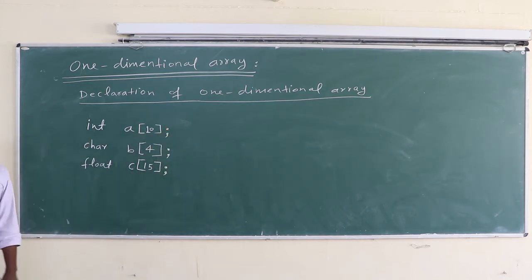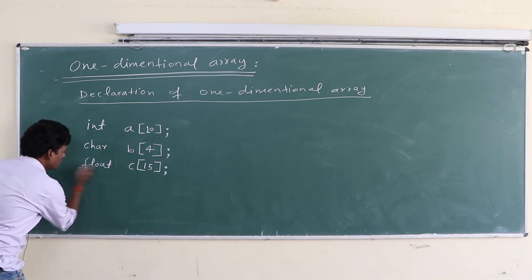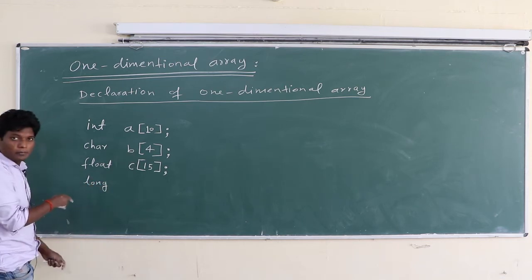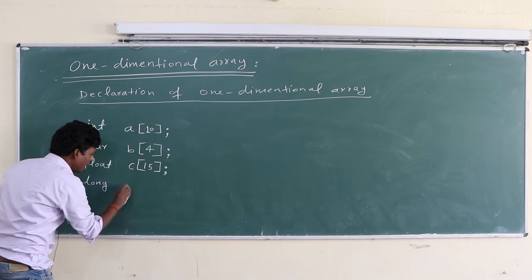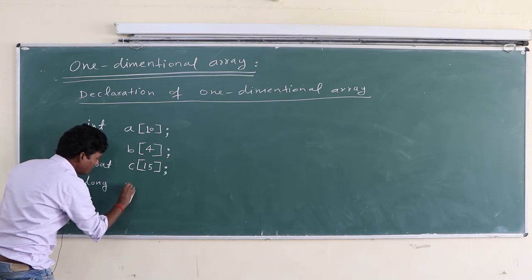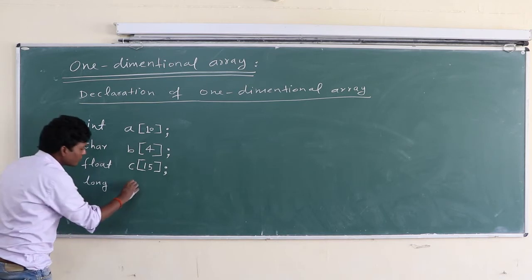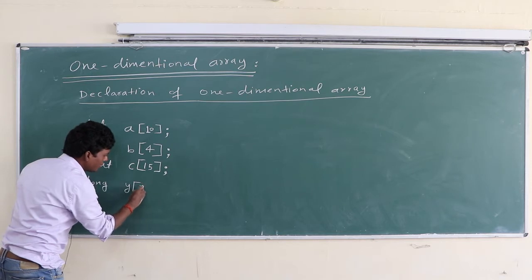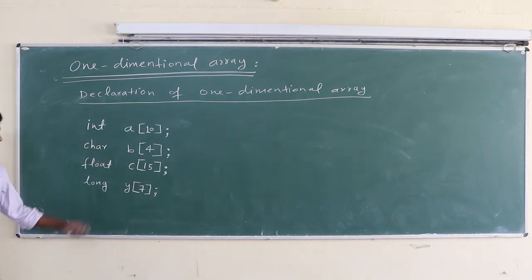This is the array declaration. And suppose long is also a data type, and Y is the array name. You may choose any valid name for the array. And here is a 7. This is also an array declaration.